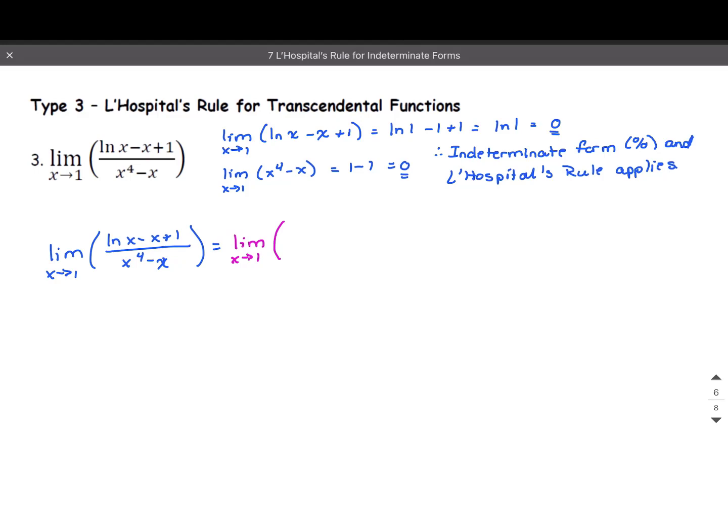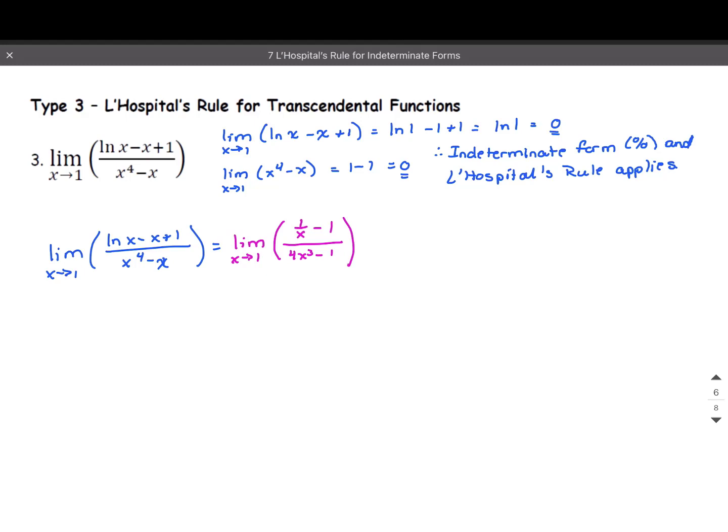The derivative of the top, so the derivative of natural log of x is 1 over x, minus the derivative of x is 1, the derivative of the 1 is 0, over the derivative of x to the 4th is 4x cubed, minus the derivative of x is 1.